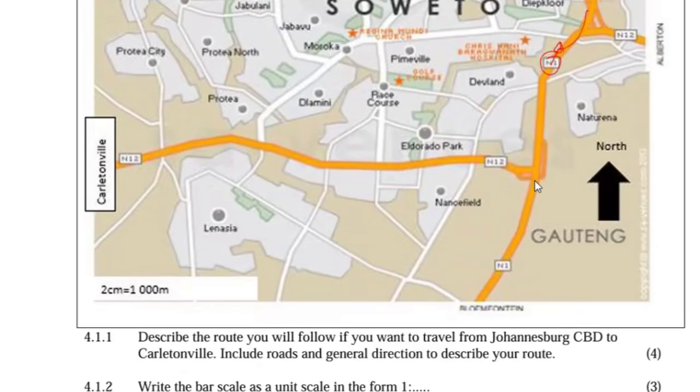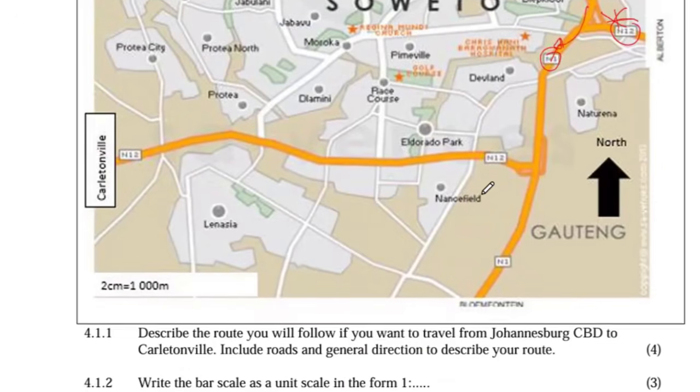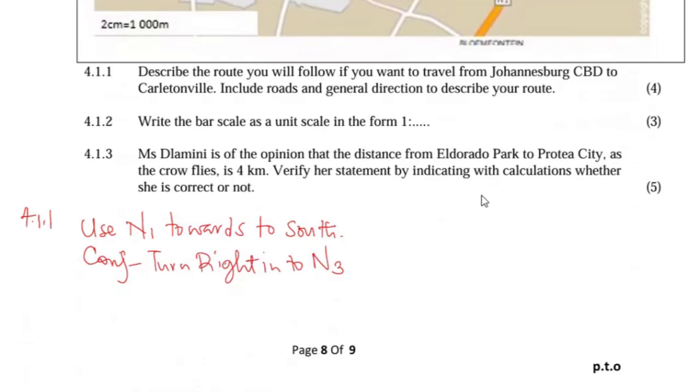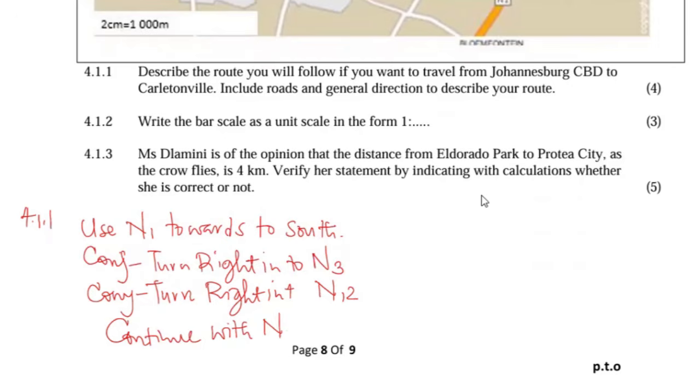You see, this is N3. This is N12. We don't need N12 yet. So you continue with N3 until the second conjunction. At the second conjunction again, turn right into N12, and continue with N12 till Carltonville.